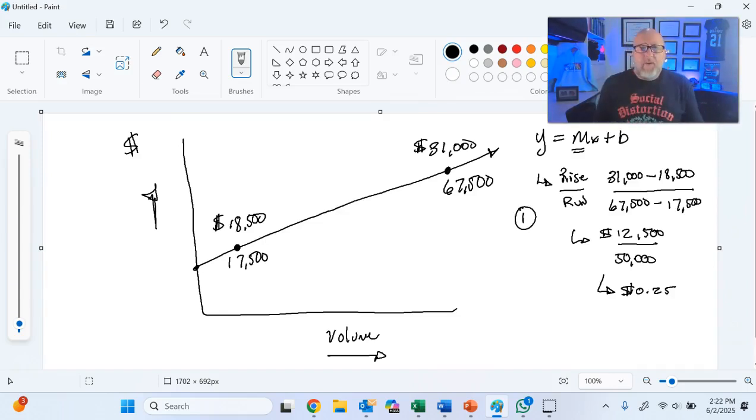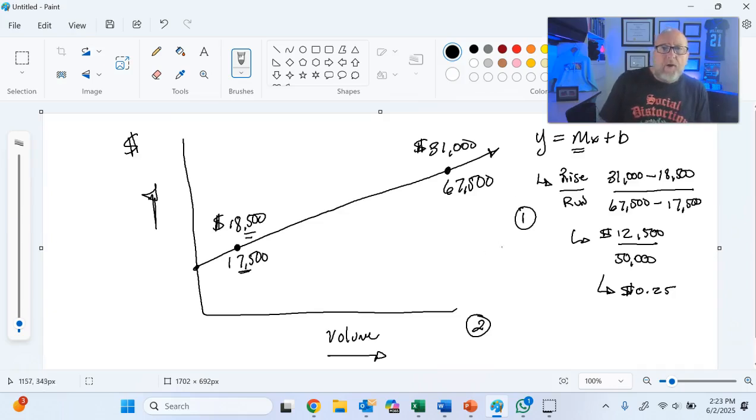Now, what I can do is take the results from this and plug it into one of the data points to try to figure out what my b is. So the second step, maybe I'll just do it right here. Look, I now know that if I produce 17,500 units, it's going to cost me 18,500.